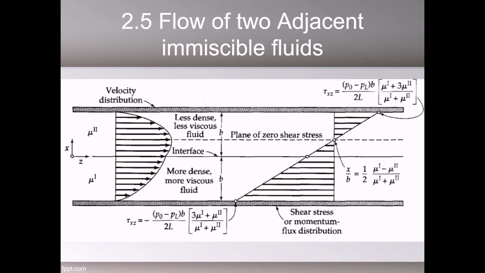Because if you have the same velocity, and because of Newton's third law, you actually have the same shear stress. So with these two boundary conditions, we have 4 boundary conditions in total, and we have 2 equations. So we should be able to solve these equations with 4 boundary conditions.